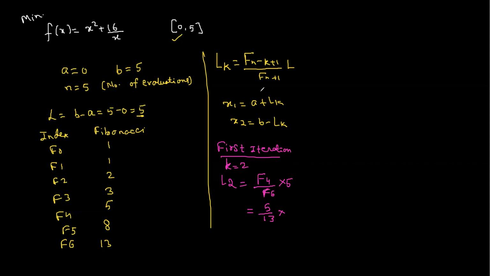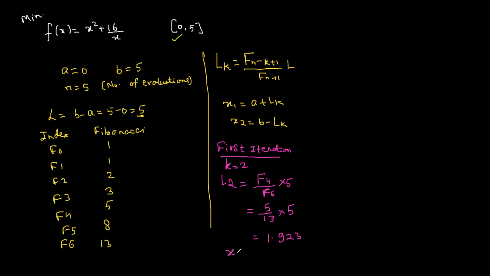Here n means the number of iterations. Sorry, n is 5. So when you simplify this, what will you get?